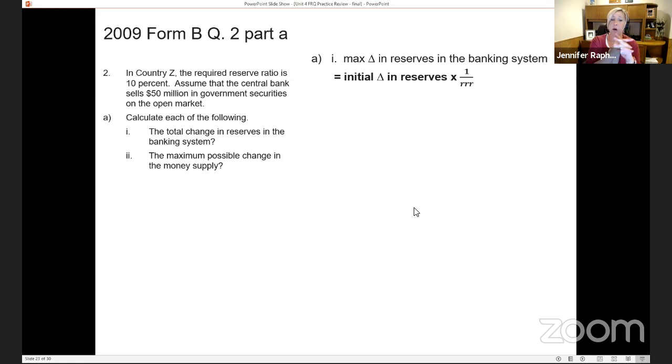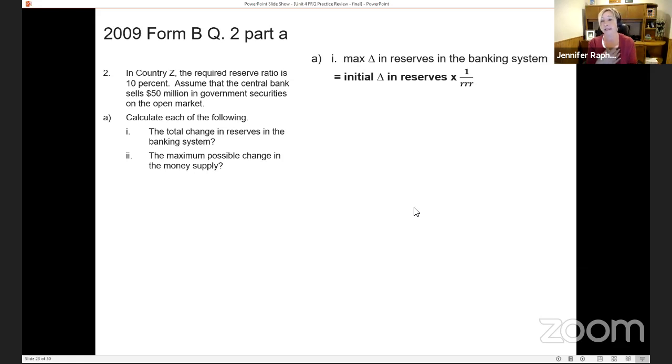And since reserves in the banking system is the basis of the money supply, since the Fed is taking $50 million out of the banking system, it's destroying $50 million. Then the maximum change in the money supply is going to be equal to the initial change in the money supply times the multiplier. So in this case, the answer to both is the same.